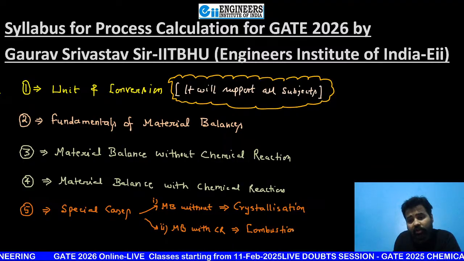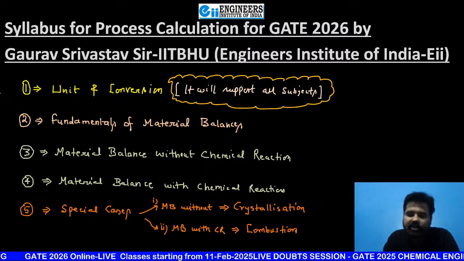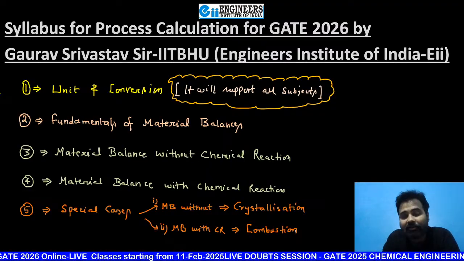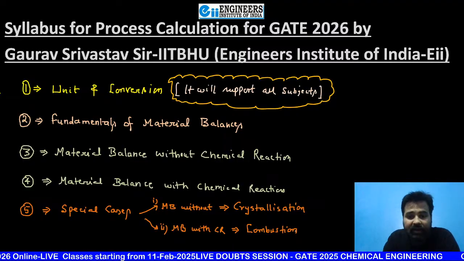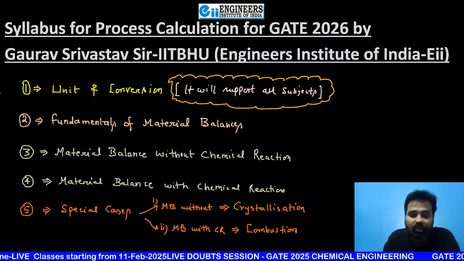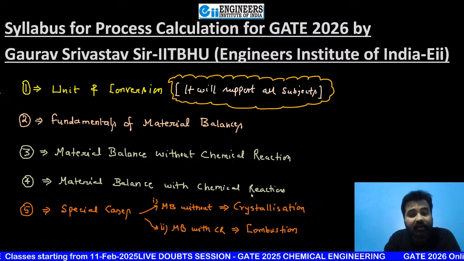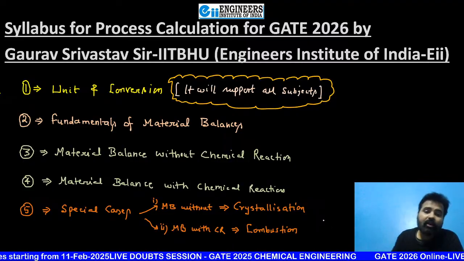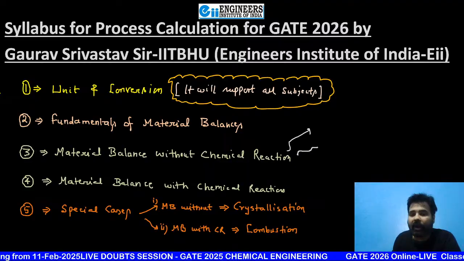If you know all things about material balance with chemical reaction, still chances are there that you are going to make mistakes while solving problems of the combustion chapter. That's why they need separate attention. So we will deal with these two chapters separately. And here also, beta, in material balance without chemical reaction, you will see this in two parts.